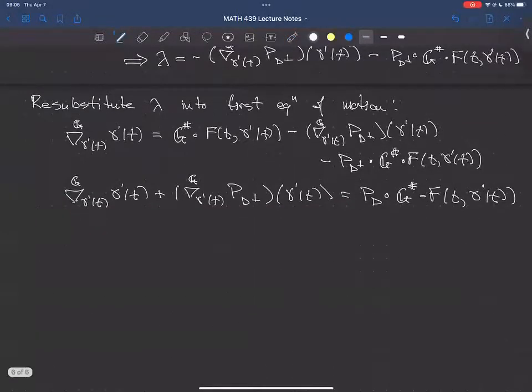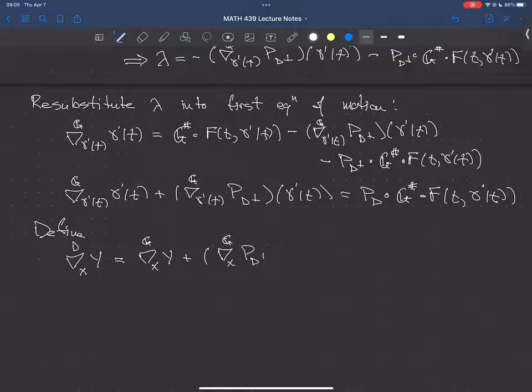So define nabla D. This is going to be a new affine connection that I'm going to call nabla D. It depends on G and D, but I'm just going to call it nabla D. And that's essentially that term plus that term: nabla G X Y plus nabla G X P D perp of Y.